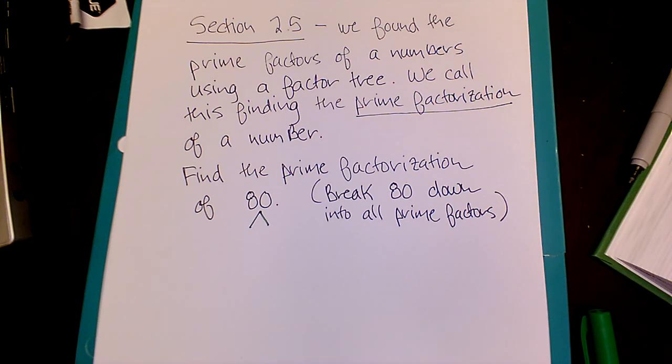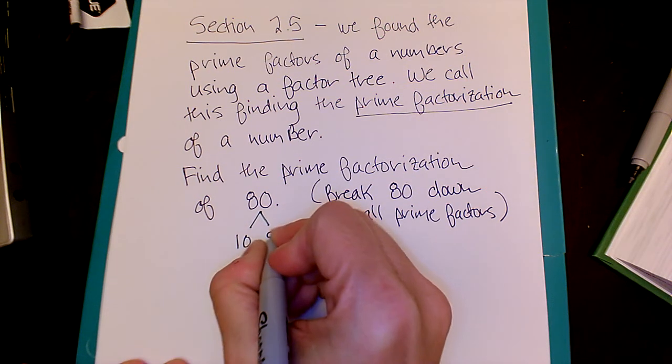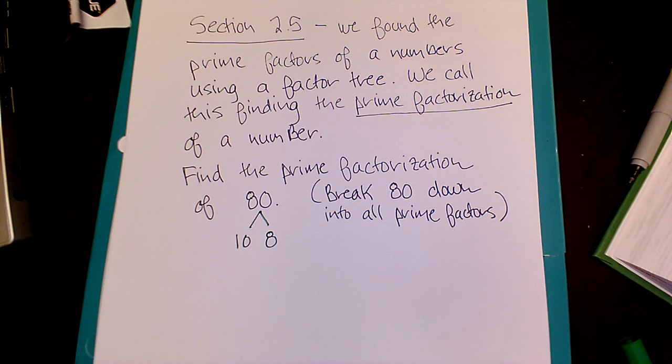Now here's a trick. Since it ends in 0, I know that 10 can go in, because 10 and 80 both end in 0. So 10 times what is 80? Well, 10 times 8 is 80. Now you don't have to use 10 times 8.